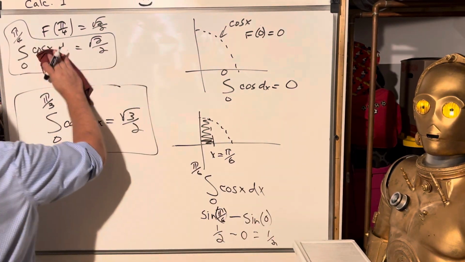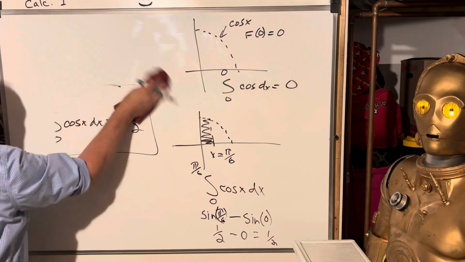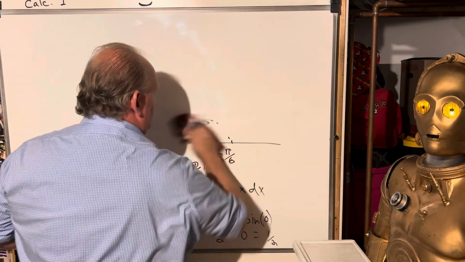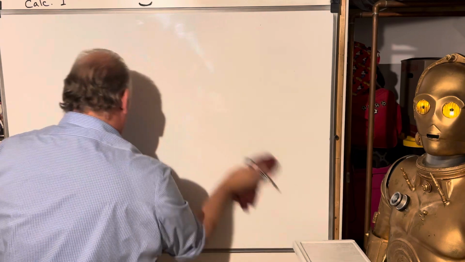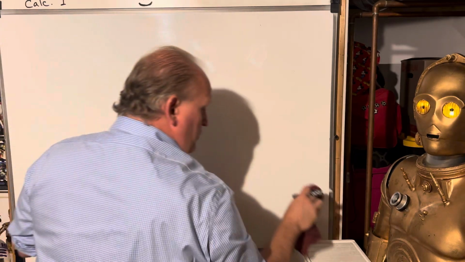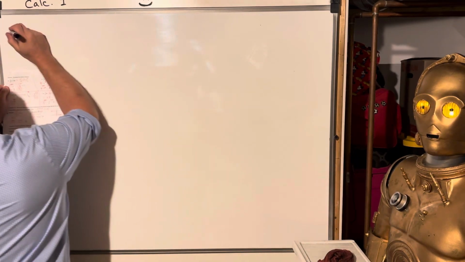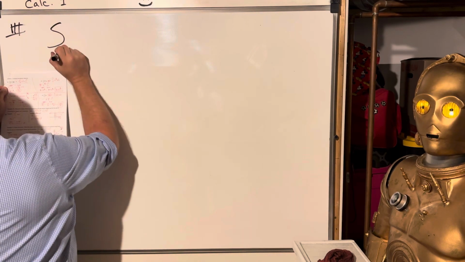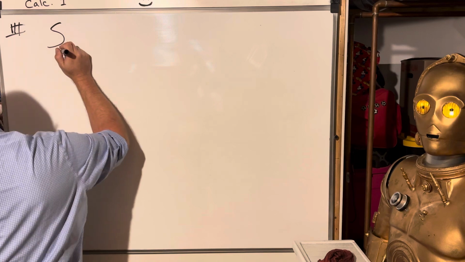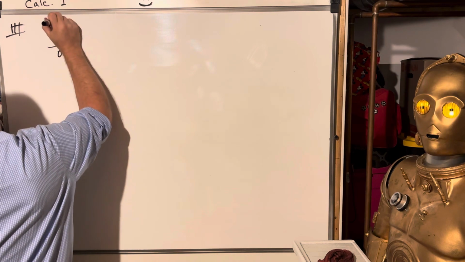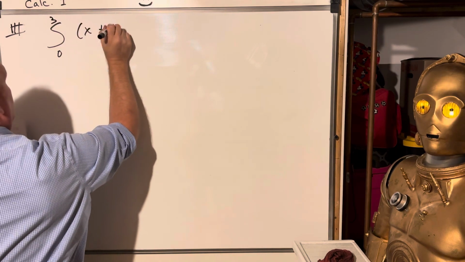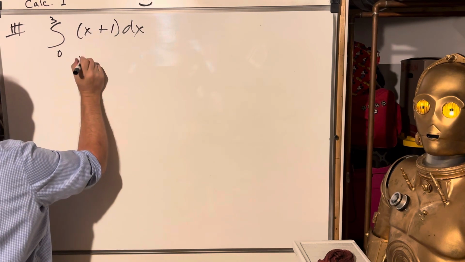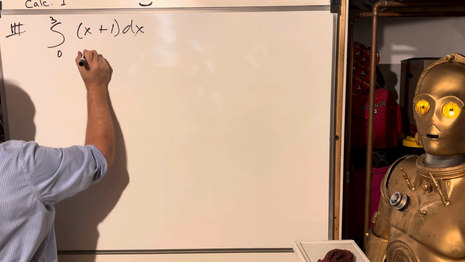Let's take a look at page 21. Page 21 has us doing a bunch of definite integrals, from 0 to 3 of x plus 1 dx. And again, these are actually pretty quick. You add the power, so it's 1 plus 1, that's 2.